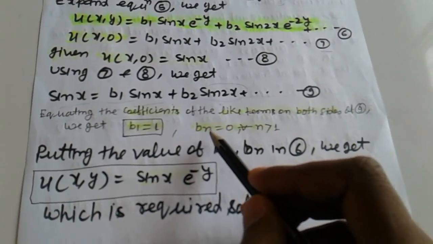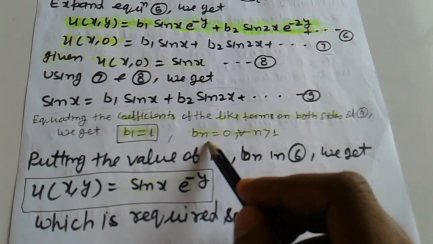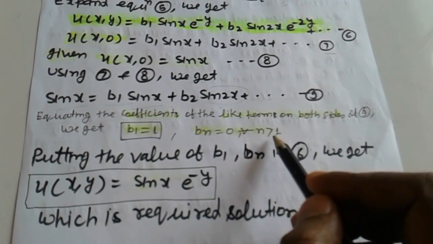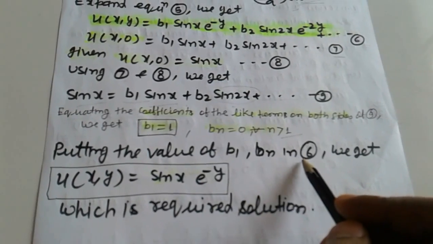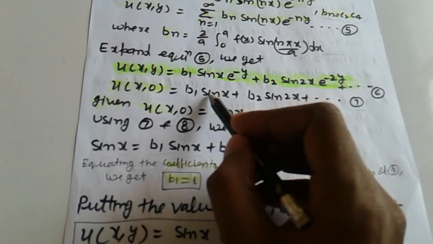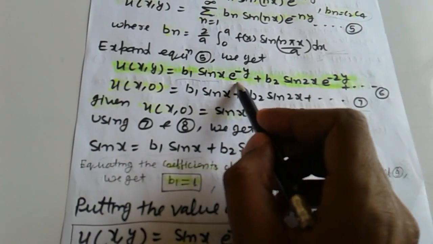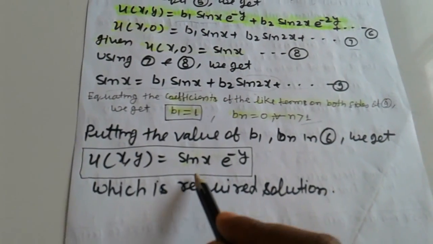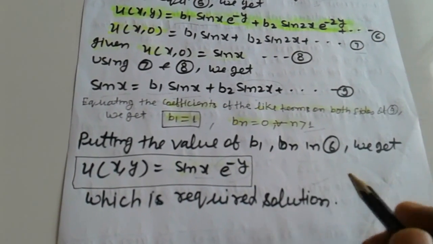So b1 equal to 1 and b_n equal to 0 for n greater than or equal to 2. Now putting the value of b1 in 6, we get u(x, y) equal to sin x e raised to minus y, which is the required solution.